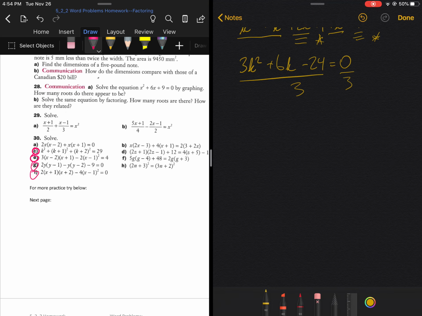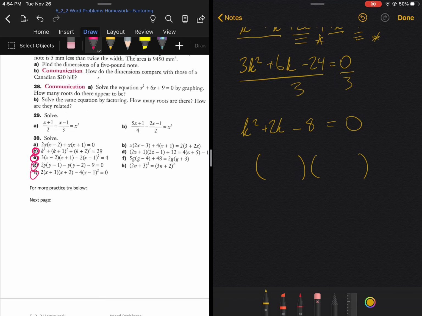Negative 24 equals 0. Divide everything by 3. Well, k squared plus 2k and 24 minus 3 divided by 3 is, I believe that's an 8. And that's equal to 0.